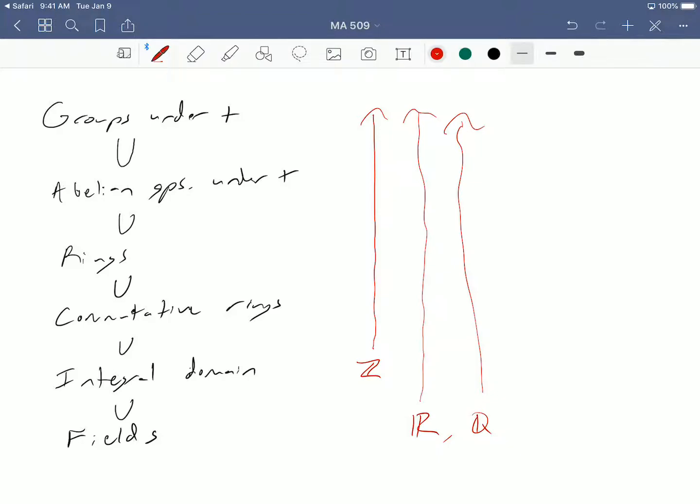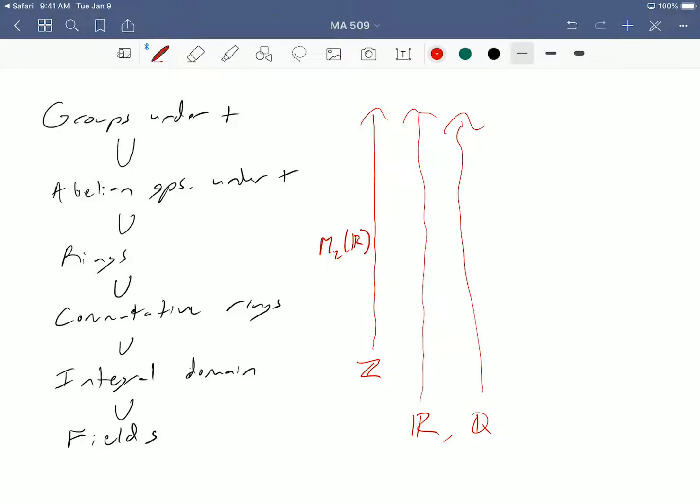Okay. I'm going to skip over the commutative rings. A commutative ring, we haven't seen a good example of that at this point, and so we won't worry about that one. But let's talk about something that's a ring that's not a commutative ring. That example is our M2R.